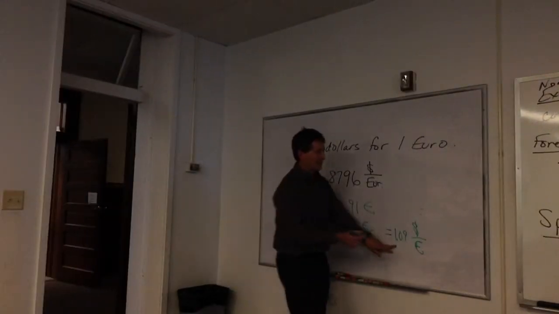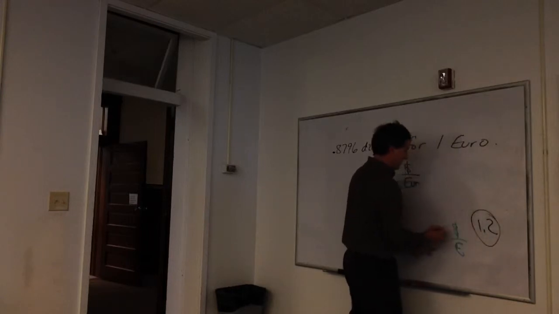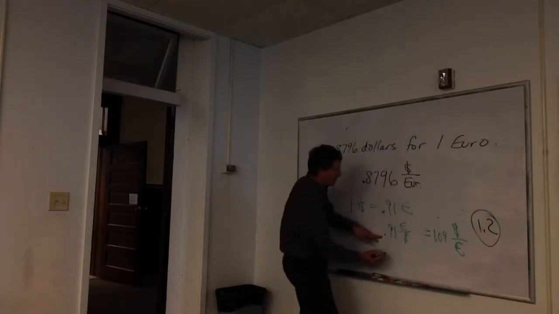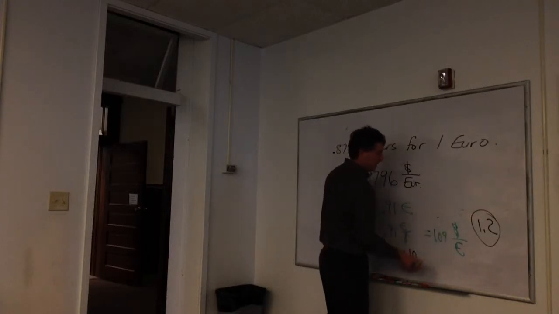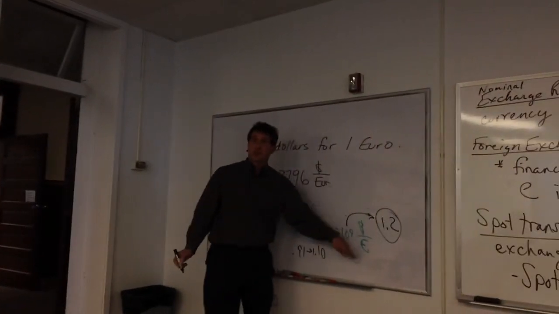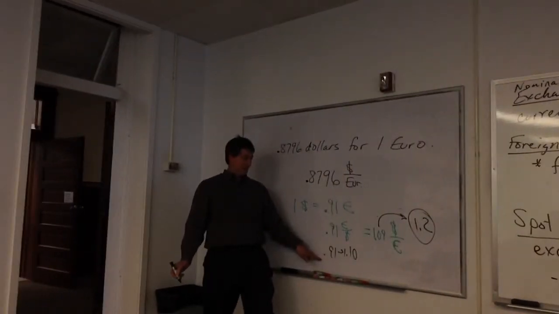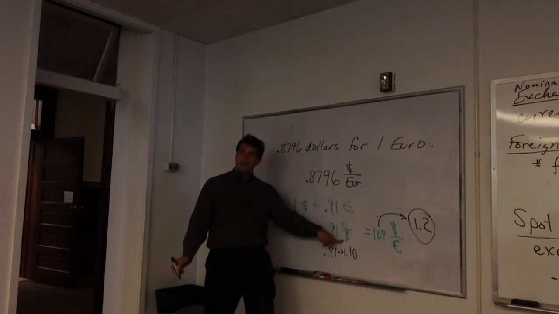So if this climbs from 1.09 to 1.2, did we have appreciation? Or if this one climbs from 0.91 to 1.1, did we have appreciation of the dollar? The right one, the left. So here it takes 0.91 euros to get $1.